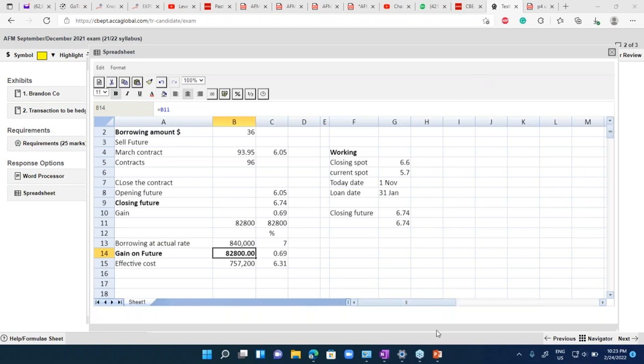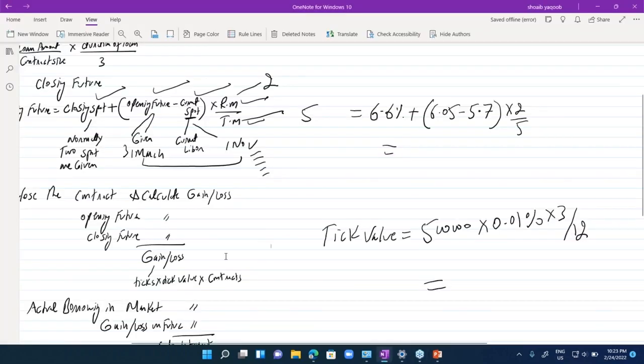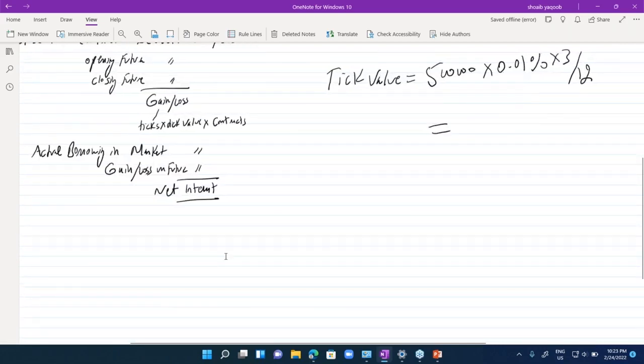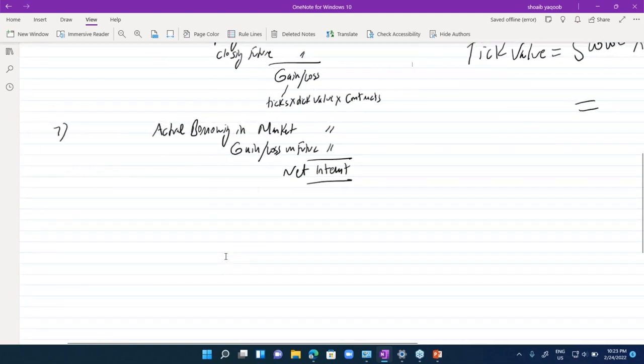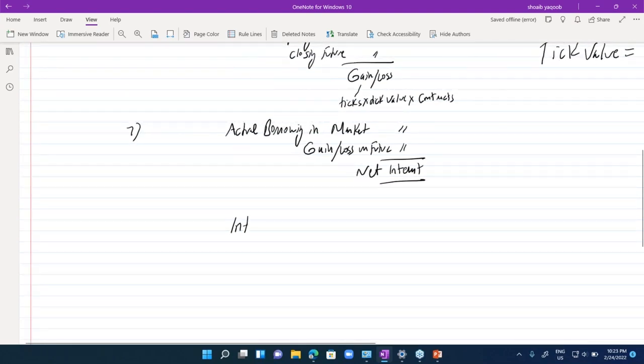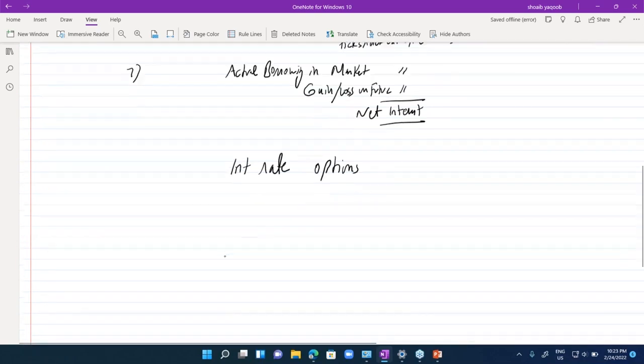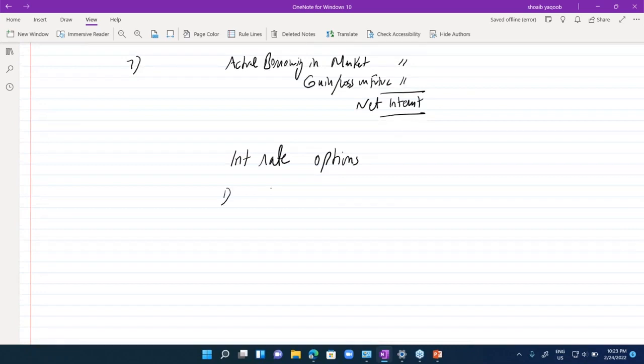So now quickly revise the steps of option and then solve the option. Option contract, interest rate options. First step is same, amount of borrowing or lending. Second step is identify call option or put option.